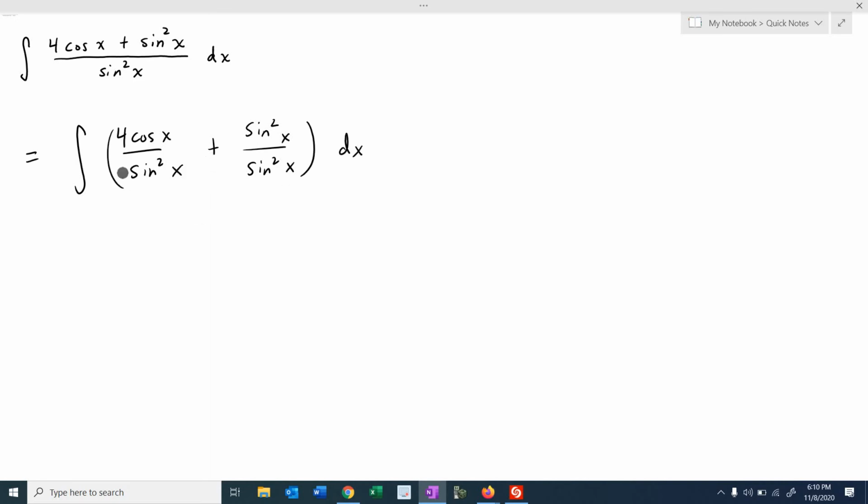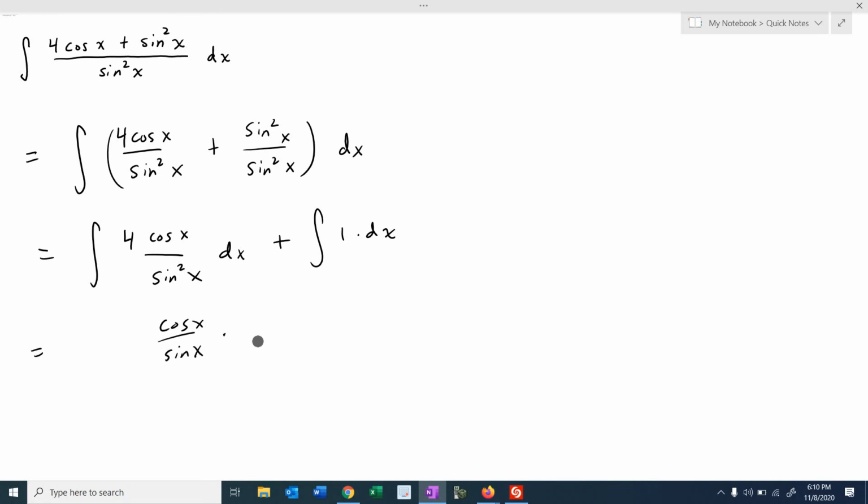And now we can break up the antiderivative across addition, right? This is equal to 1. Now to evaluate this antiderivative, we probably want to write this as cosine over sine times 1 over sine.